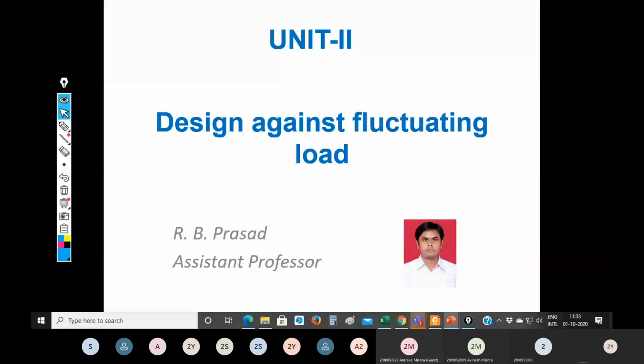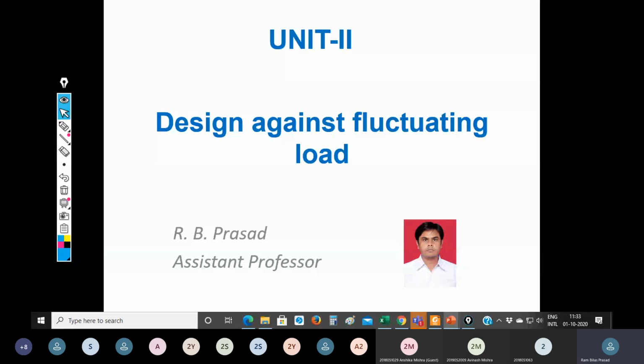Quarter joint and knuckle joint are given in the Bhandari book in the Design Against Static part, but in our syllabus they are given in Unit 3, Design of Joints, because it is a kind of joint. So we will cover quarter joint and knuckle joint in Unit 3.